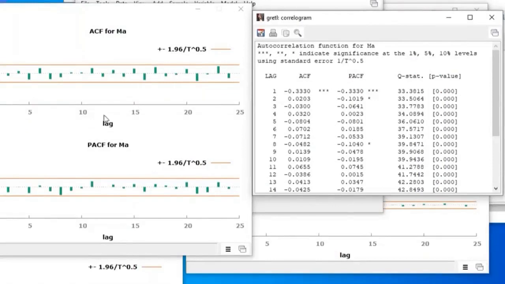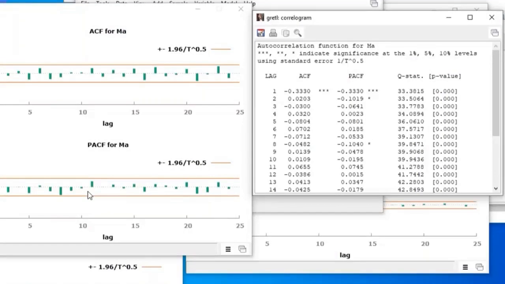Now, given this particular picture, we can say that we have a stationary series because the ACF shows a fast decay, and we can interpret that in the PACF we have a significant spike. So, to that extent, we can think that this is an AR process, but actually the data relate to an MA process.